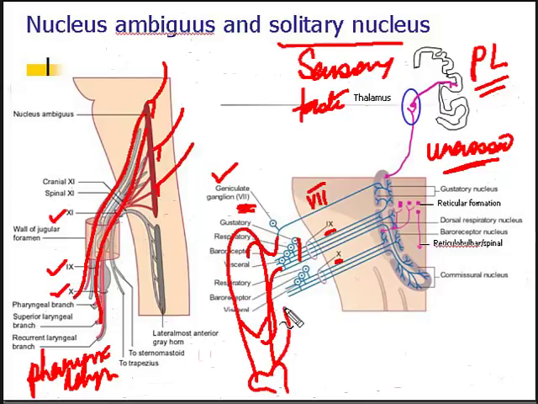Their cell bodies are in the sensory ganglion of the 10th, like all of these are like the dorsal root ganglia. Then the fibers pass in, synapse, and go the same way. You can see that some fibers cross over, synapse in the reticular formation, and from the reticular formation, fibers come down as the reticulospinal or reticulobulbar tracts. You can ignore this other part, but this is how taste is finally carried to the sensory cortex of the brain.